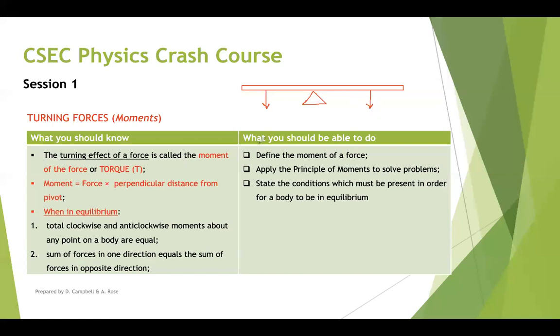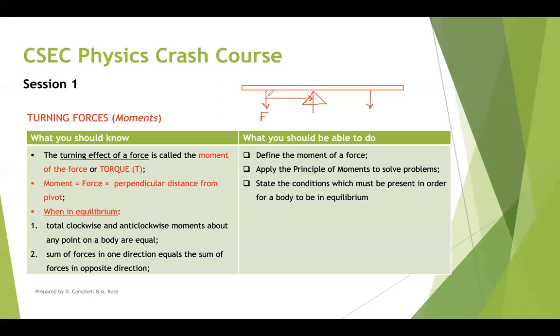All right. Now, if this force has a magnitude F, to calculate the moment of the force, we multiply the magnitude of the force itself times the perpendicular distance from the pivot, right?